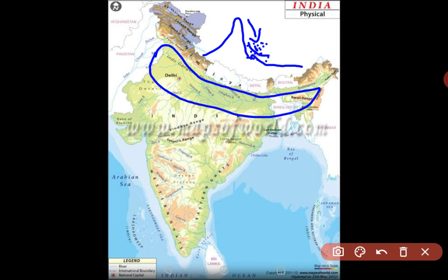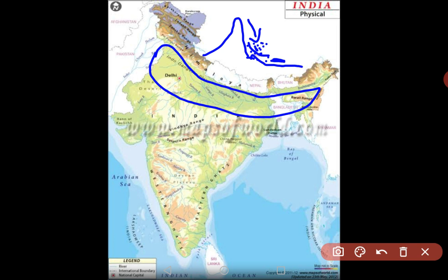Then after that, the second area after Bhabhar is the Tarai area. In the Tarai area, basically it is a marshy area, Daldali Kshetra. Here you will find thick forest, and cultivation is also done here.